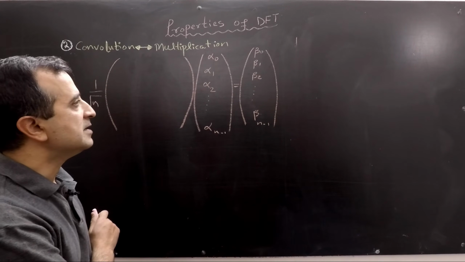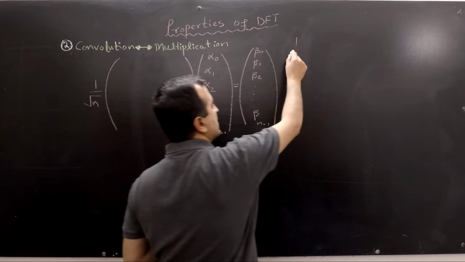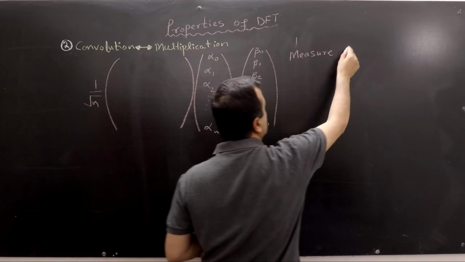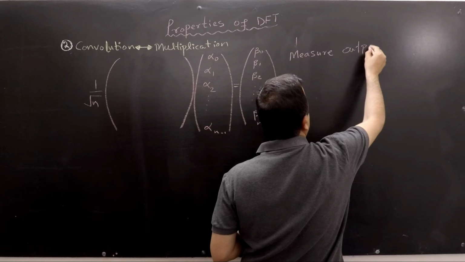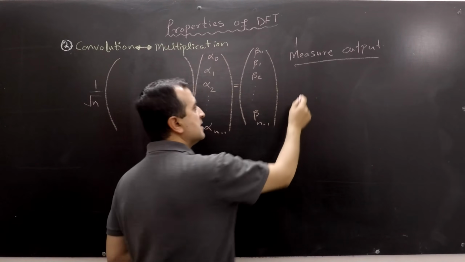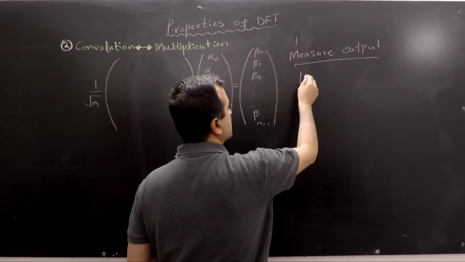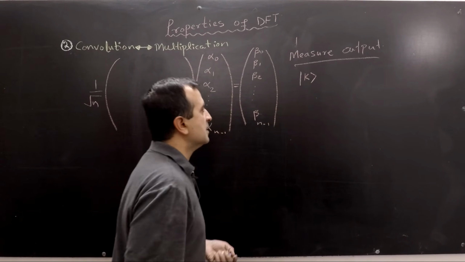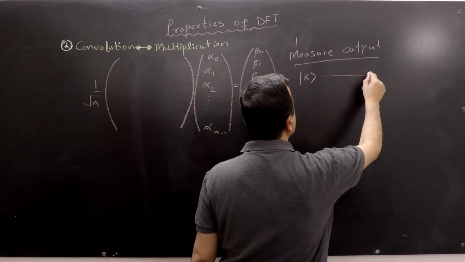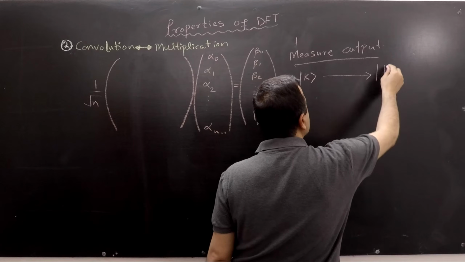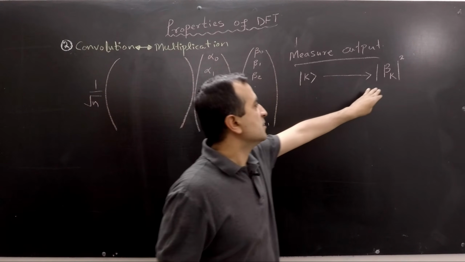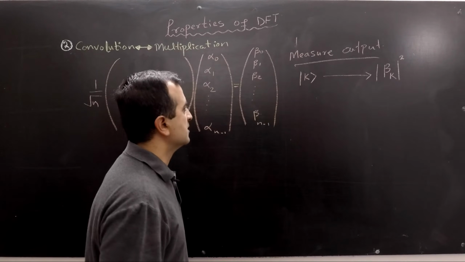So if I measure my output vector, then my result is an index of the vector. Let's say my result is index k, and the probability of measuring index k is equal to the magnitude squared of the corresponding amplitude. So my probability is equal to beta_k whole square.